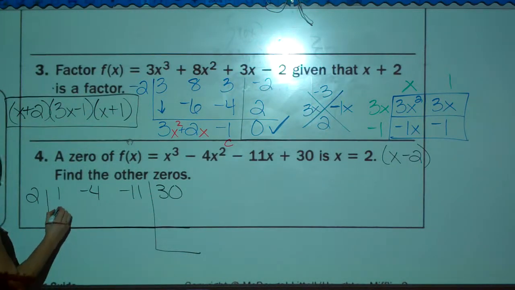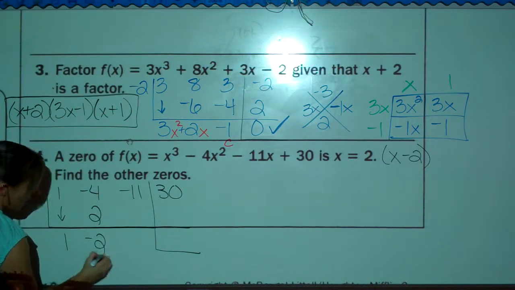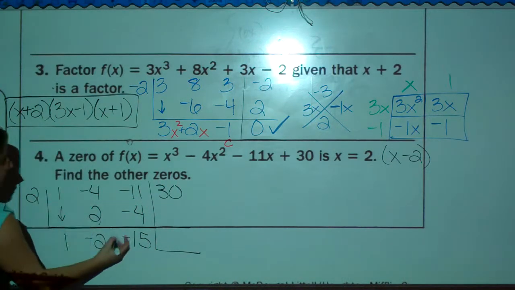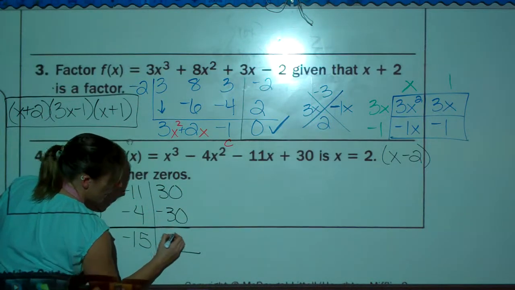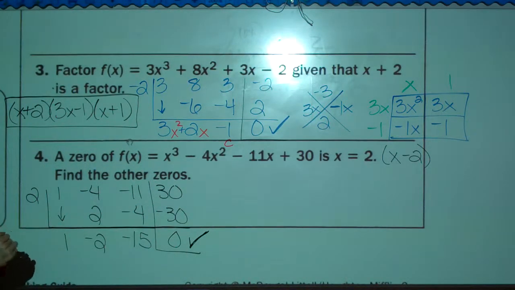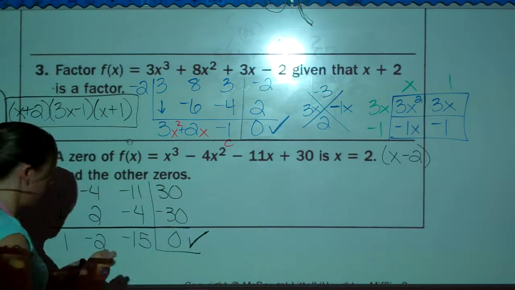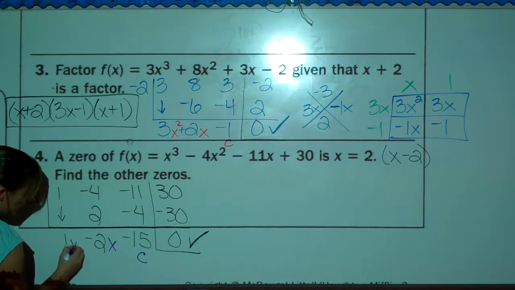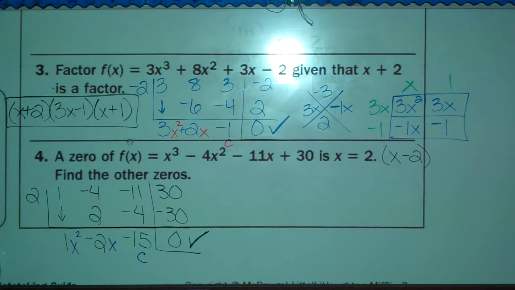So let's bring this down. Multiply, add. Multiply, add. Multiply, and add. So that's exactly what I want. So here's the constant. And that means that one's x, and that one's the x squared.